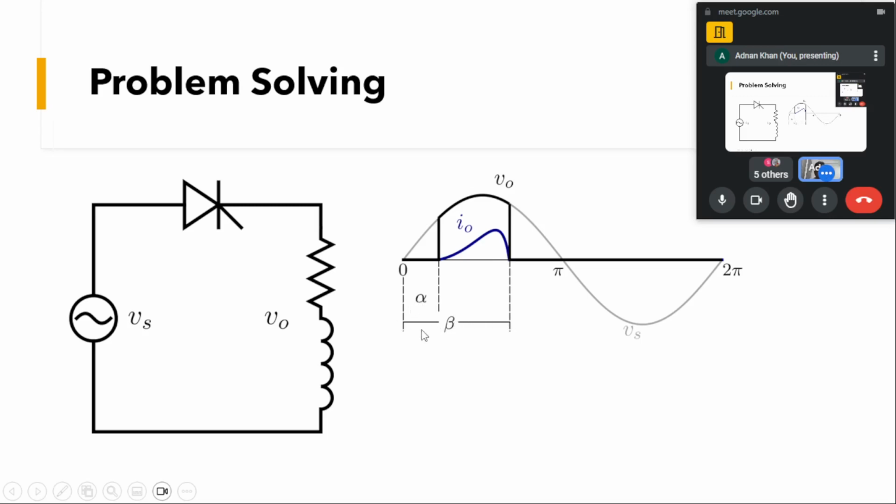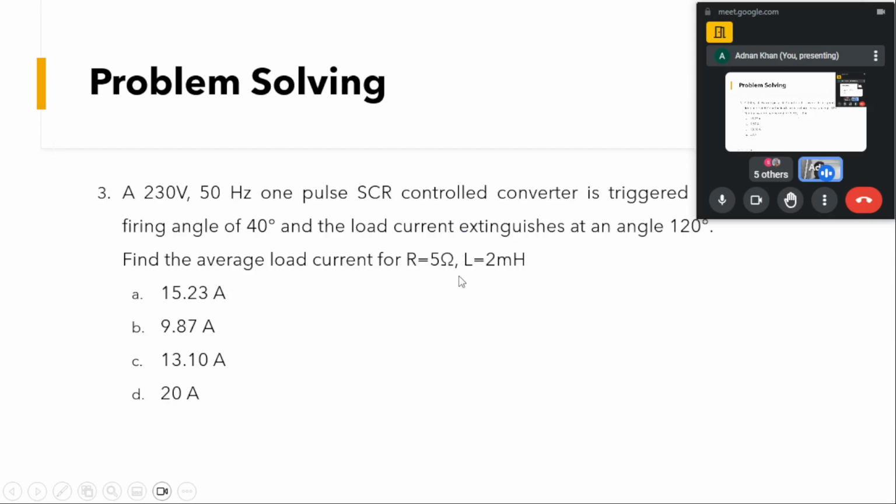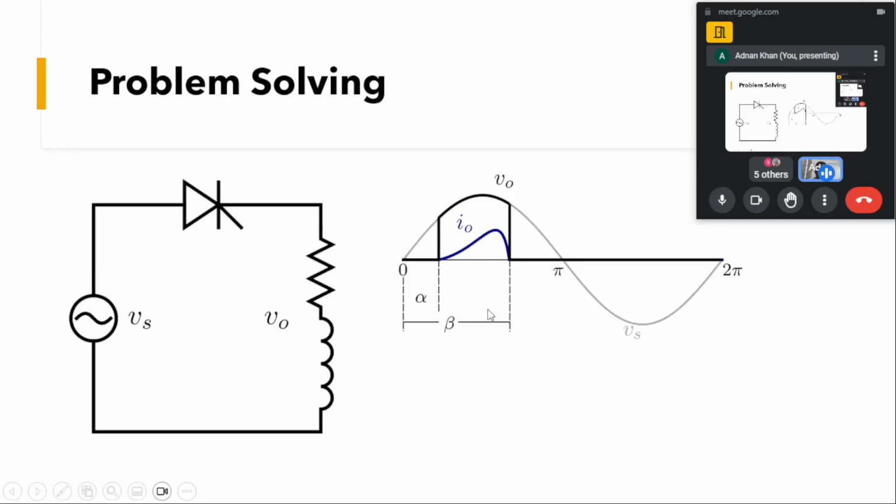Alpha is 40 degrees and beta is 120 degrees, and we need to find the average load current. If we calculate the average voltage and divide it by the resistance, we get the average load current, because the average load current is a DC current.